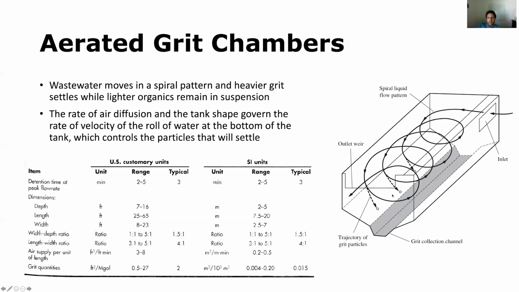So the aeration helps keep the scum and the lighter organic particles in suspension, because in this chamber we want to remove the grit, but we don't really want to settle out the organic material yet. That's what the primary clarifier is for. And then we can also see how much grit these systems tend to produce.